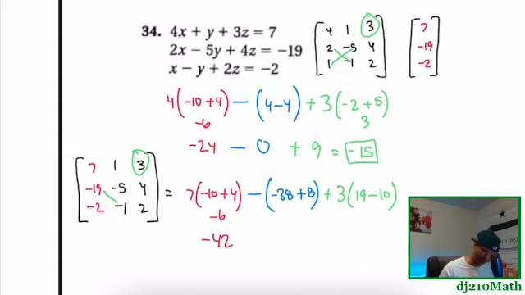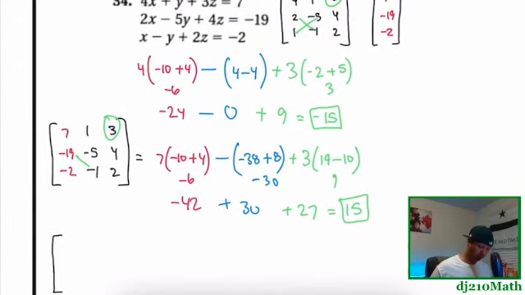Negative 30 times negative 3, or times negative 1, rather, sorry. So this would be plus 30. 19 minus 10, 9 times 3, 27. So 30 plus 27 minus 42, 15.